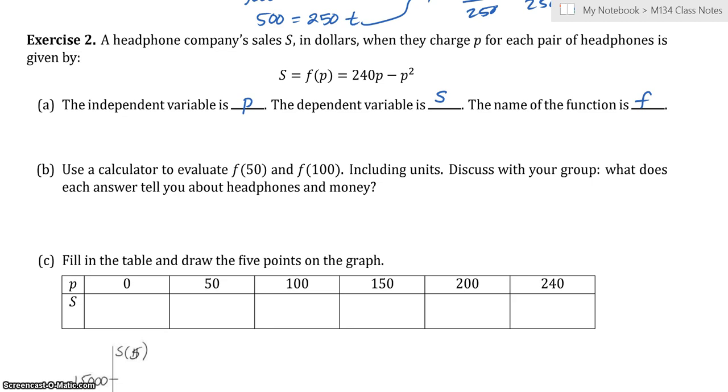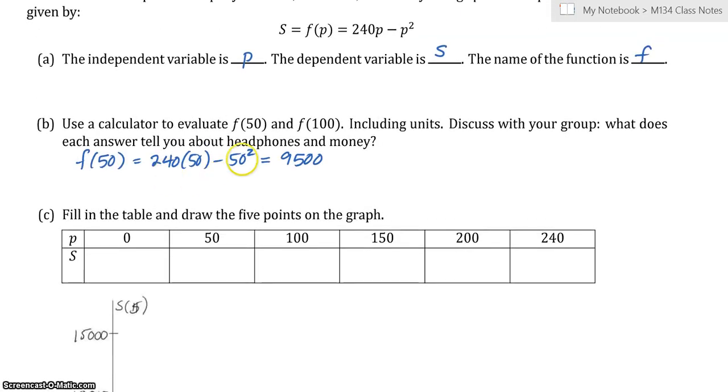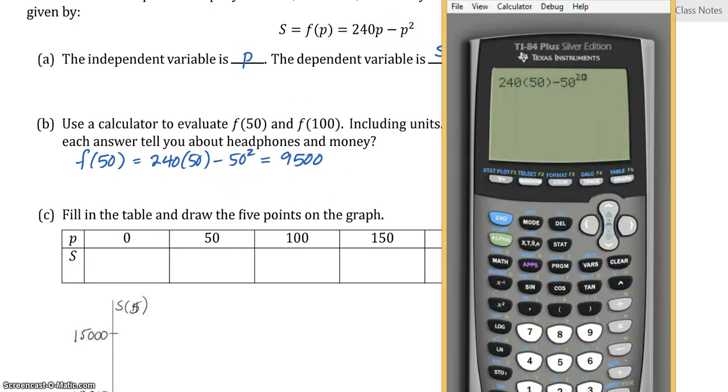Use a calculator to evaluate F of 50 and F of 100. Plugging F of 50 into this formula, 50 wherever there is a P, and you can just use your calculator. Hopefully you get 9,500. If you're using the TI 83 or 84, you can just plug it in exactly like it's shown. 250 with parentheses minus 50, and don't forget to get that little square there.